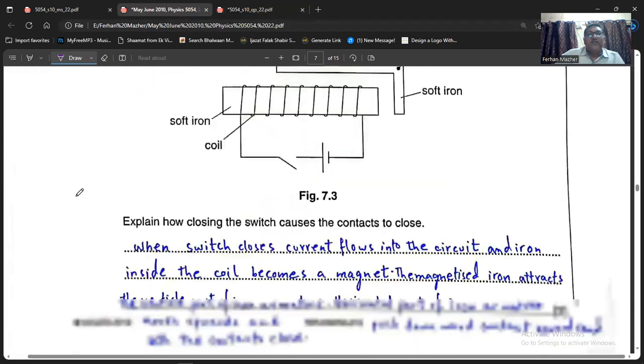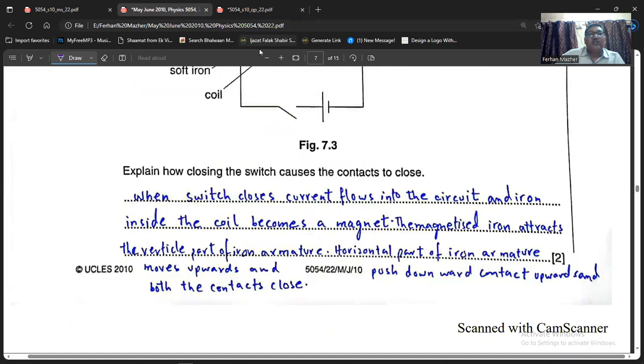Okay, so listen carefully. When the switch closes, current flows into the circuit and the iron inside the coil becomes a magnet. It becomes an electromagnet. The magnetized iron attracts the vertical part of the iron armature. The horizontal part of the iron armature moves upward and pushes the lower contact upward.